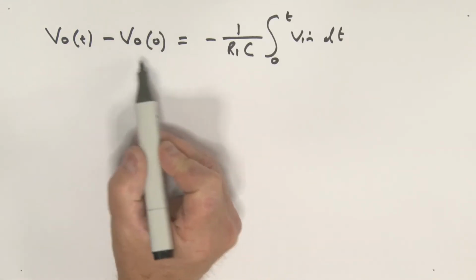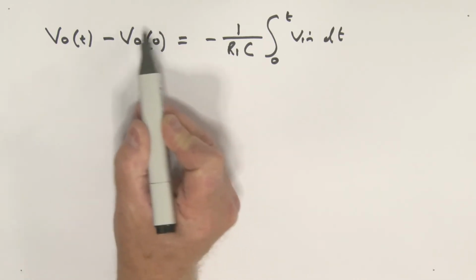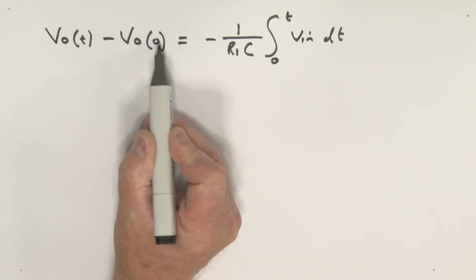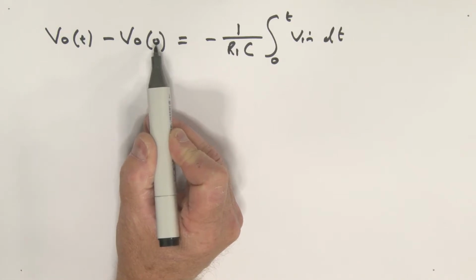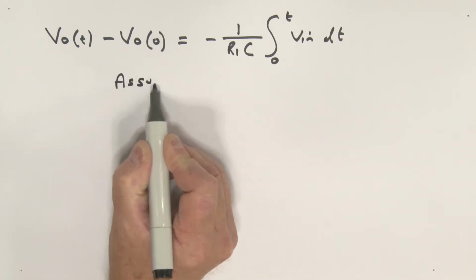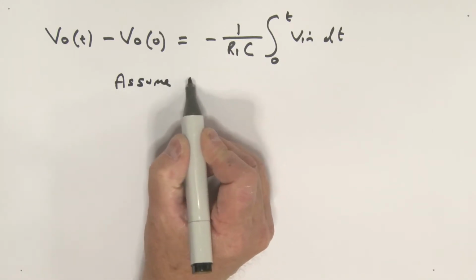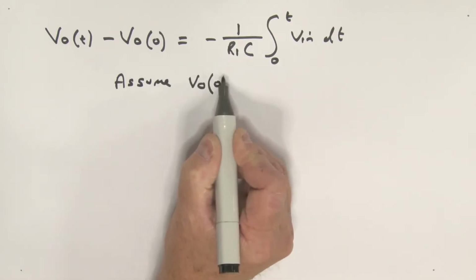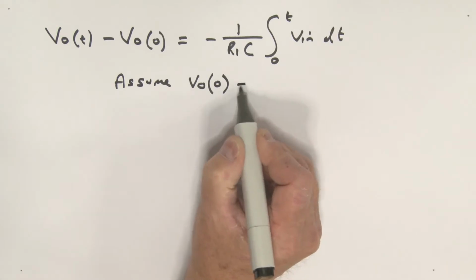Let's assume that the value of the output voltage at time 0 is equal to 0. So let's assume then that VO at time 0 is equal to 0.